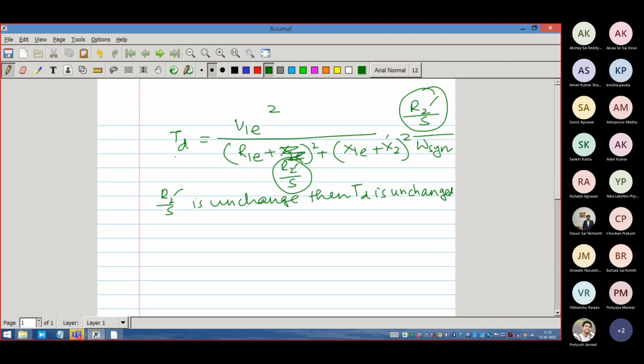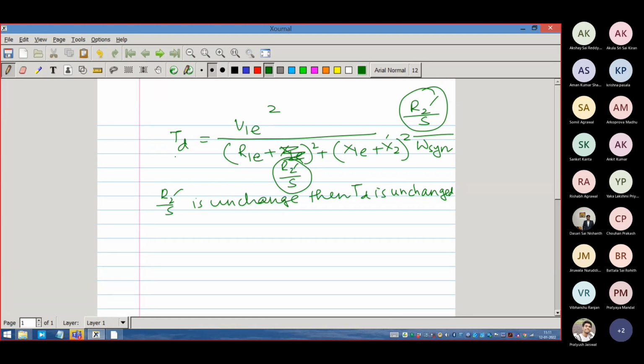Let us say a machine where rotor resistance is 5 ohm and the rated torque is obtained at 5% slip. I will get the same amount of rated torque if the rotor resistance is 2.5 ohm and the slip is 2.5%.